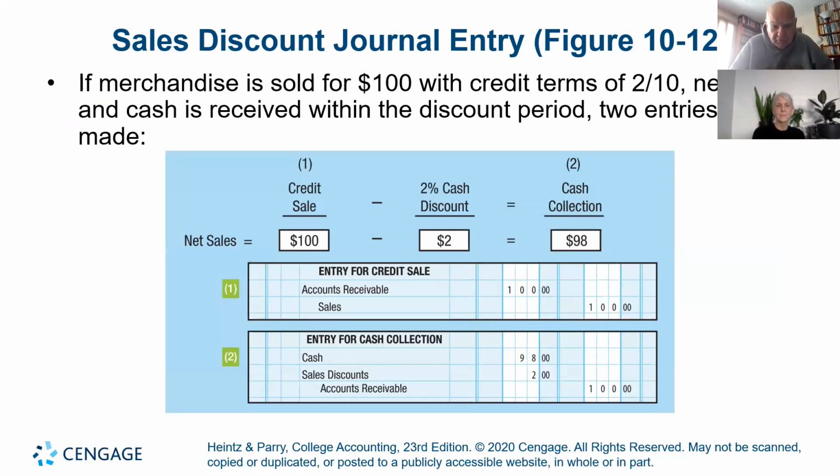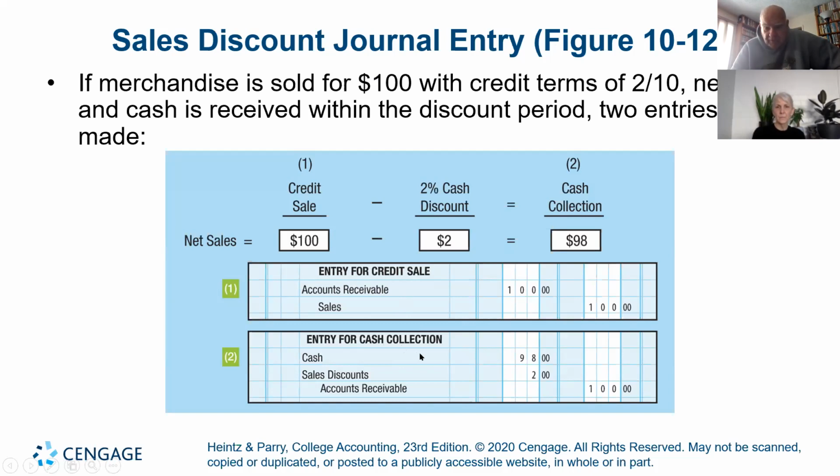And they're showing us our journal entry for sales discounts, huh? If merchandise is sold for $100, credit terms 2%, somebody pays us early. Well, first we record the sale. We do not worry about the cash discount until they pay us. Right. So we record the sale. At that time, we don't know if they're going to pay on time.